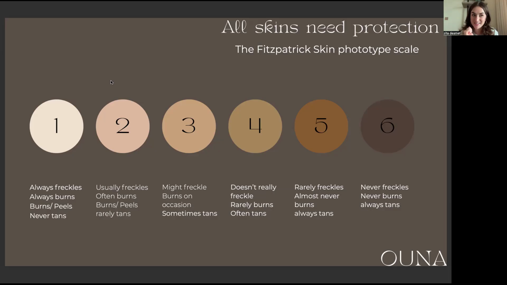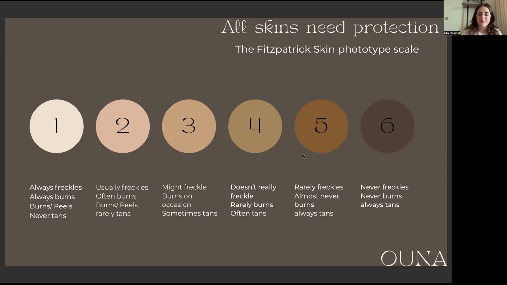Doesn't mean that they still can't burn, but they always will tan. And having a lot of protection doesn't mean that they don't have any harm or overexposure happening. Those people can still have an overexposure to UV light, but they will almost never burn.